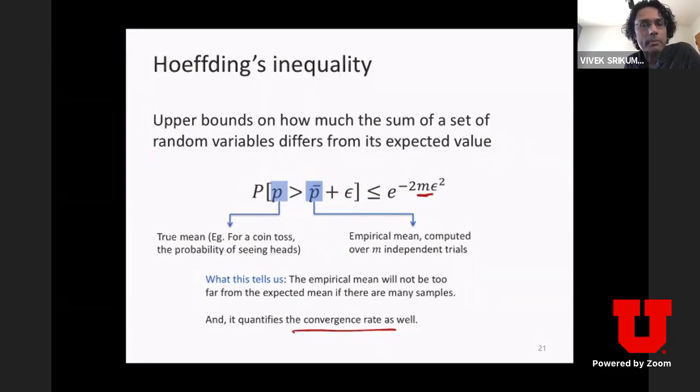So it shrinks exponentially fast. And this is the tool that we will use for analyzing agnostic learning. And in fact, the whole field is so heavily dependent on Hoeffding's inequality or Chernoff's inequality.